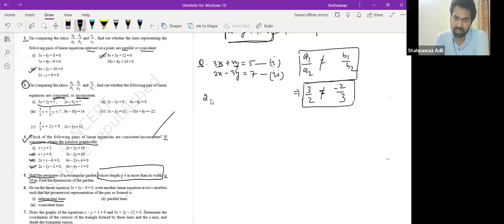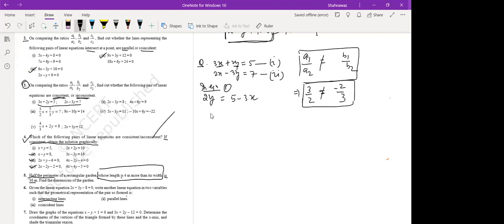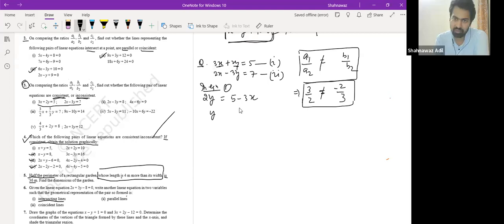So 2Y in equation first would be 5 minus 3x, and then Y would be (5 minus 3x) by 2. So now I have calculated the value of Y in terms of X.